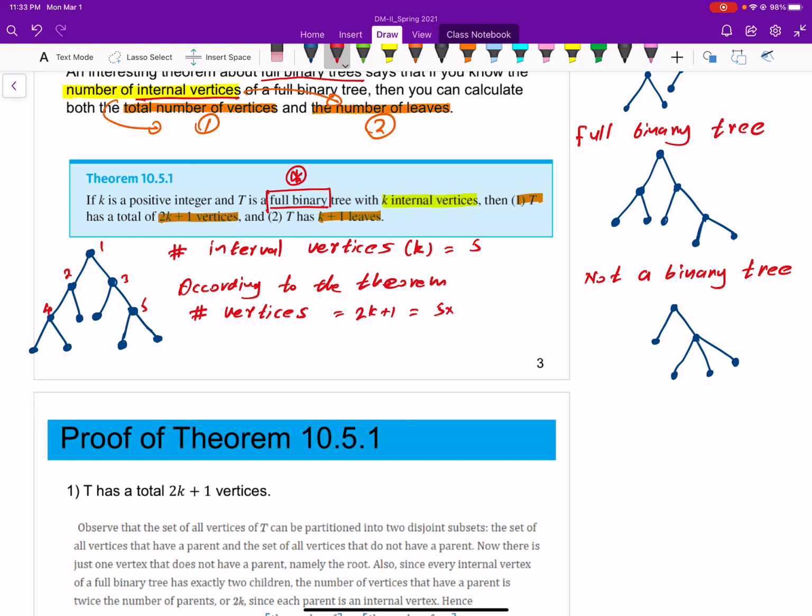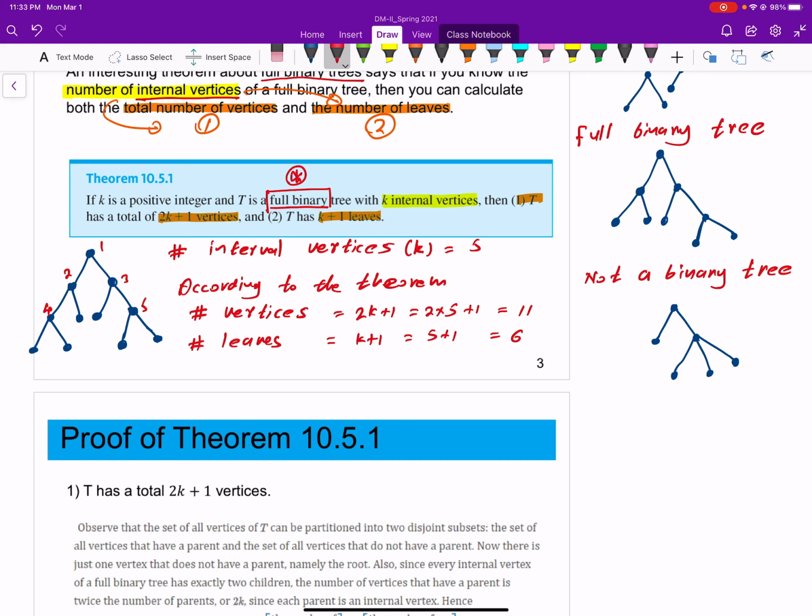That means 2 times 5 plus 1, which is 11. The number of leaves equals k plus 1, which is 5 plus 1, 6. Okay, let me count them.